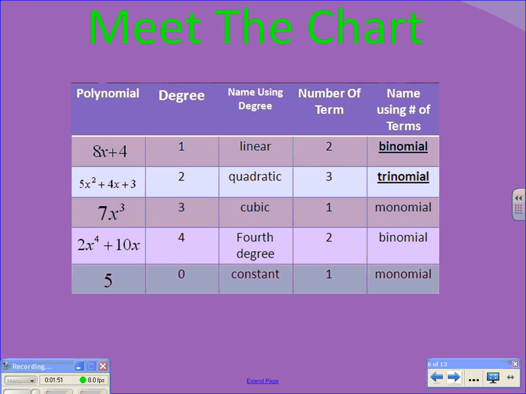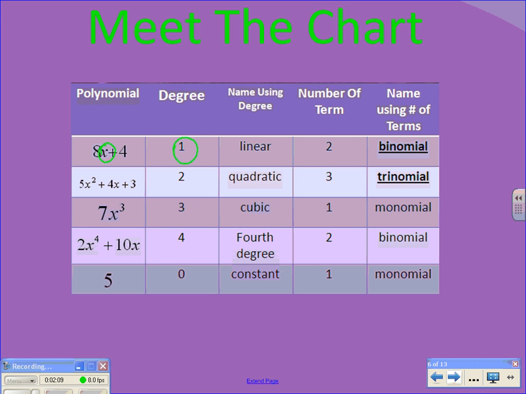Okay, we have x plus 4, and the degree is 1. So what I'm saying is that to find out the degree, look at the variable.